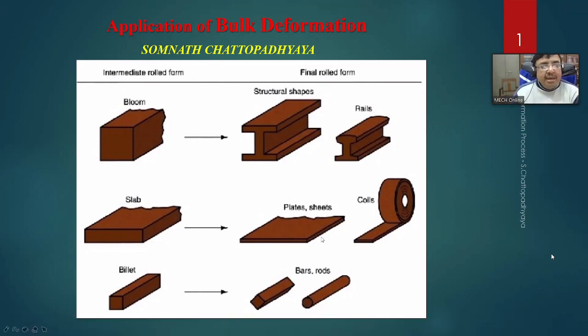Slabs can be rolled for reducing the thickness. Plates, sheets and coils will come from slab, and the billets will be converted to bars and rods for wire drawing and other activity. I was very much associated with this because I was working in wire industries, Shalimar Wire Industries Limited. They are pioneers in India in wire drawing.